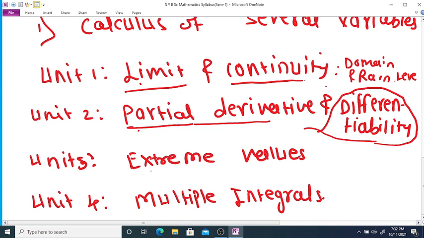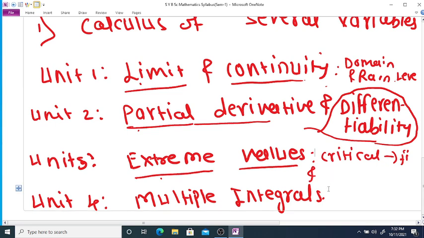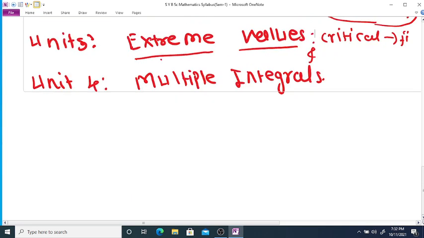Now in extreme values we are going to check here the second derivative test, that is we are going to determine critical points by using first derivative test. Now using second derivative test we are going to check whether given critical point is maximum or minimum or saddle points.